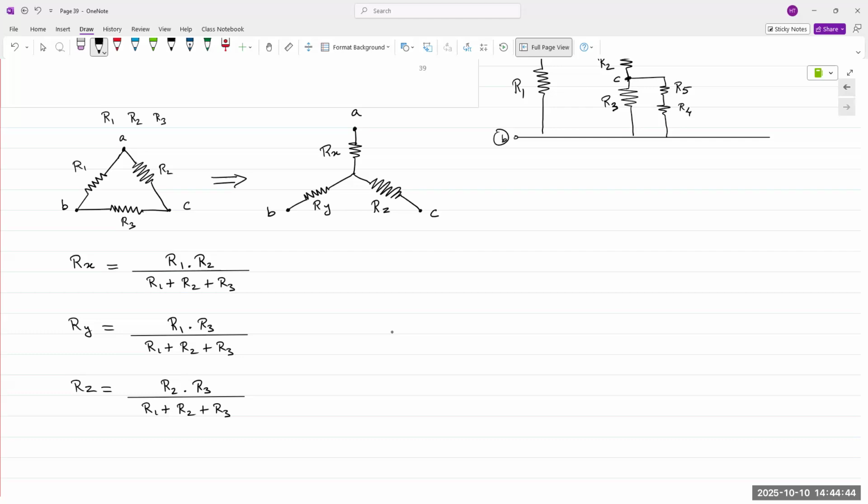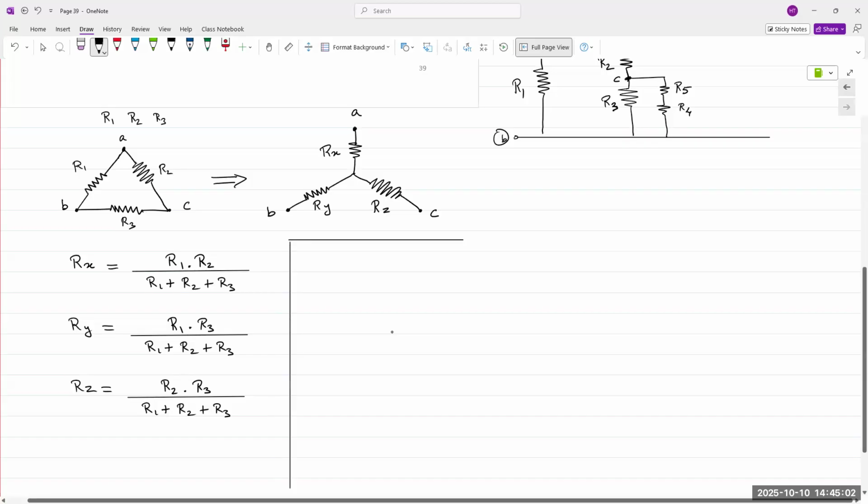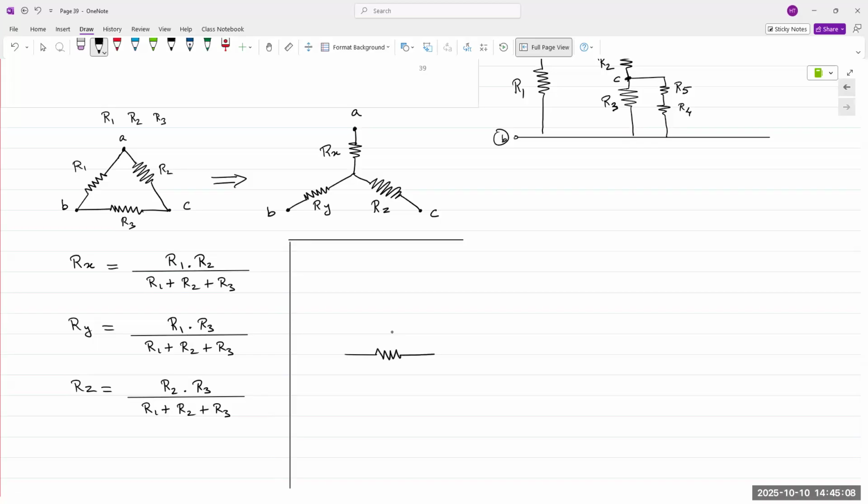But now let's see how this would help us in reducing the original circuit. The original circuit, let me draw it out like this. I have R3 here, right?